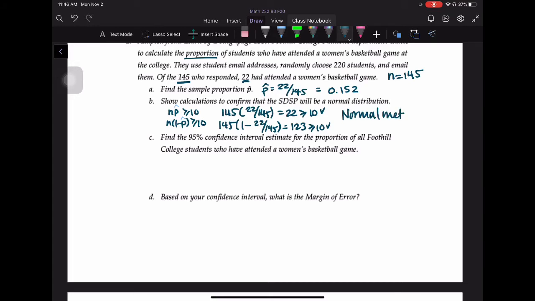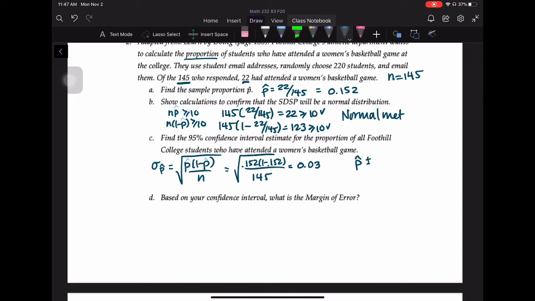Now we want to find a 95% confidence interval. Remember, when we wanted to calculate the standard deviation of the sampling distribution, we used the square root of P times 1 minus P over N. Again, we don't have P, so we're going to use P hat as our estimate. That means that we have the square root of 0.152 times 1 minus 0.152 divided by 145, and we get 0.03.